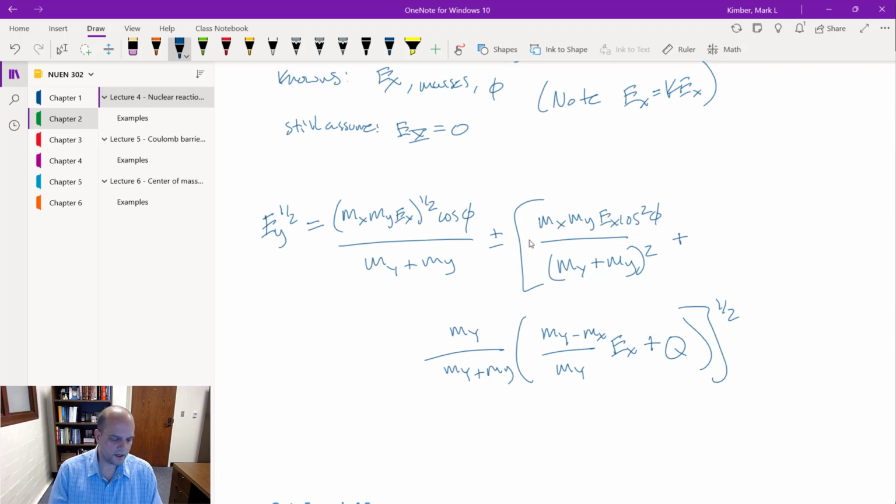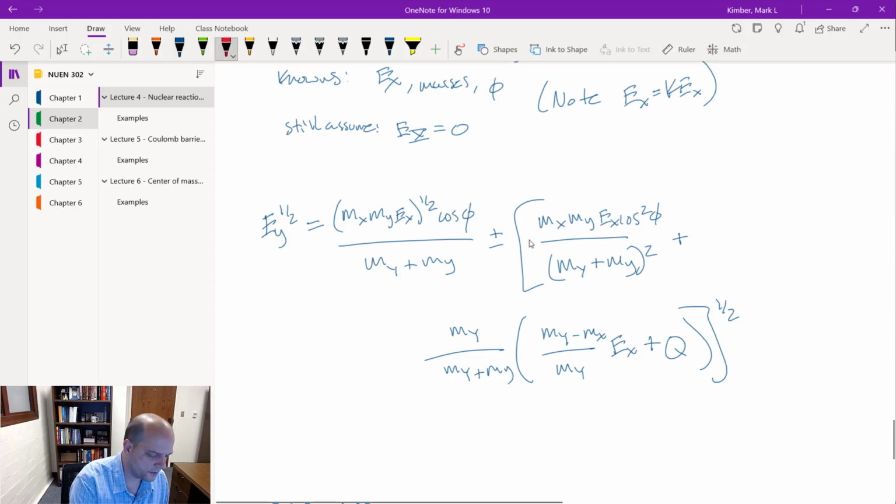And so the question you might have is, where is the kinetic energy of my target? It is 0, we've already talked about that. But what about the mass of my target? I only have the mass of my projectile and the mass of my two products. I don't have m capital X in here anywhere. And you might be wondering why that's the case, and the answer is it is in there.